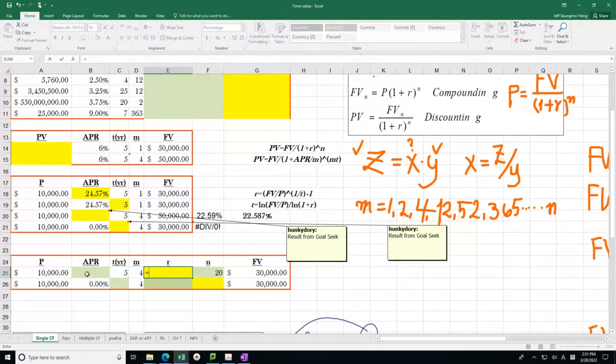Or it will be Fv over P raised to 1 over n, minus 1, and then APR will be that.